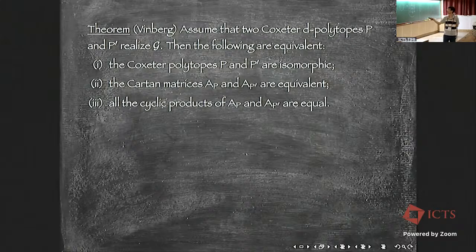Because I want to parameterize the space of the equivalence classes of the Cartan matrices, but this equivalence class is determined by cyclic products. So if you understand the space of these cyclic products, then that's it. Okay. So now I think I want to use this cyclic product.